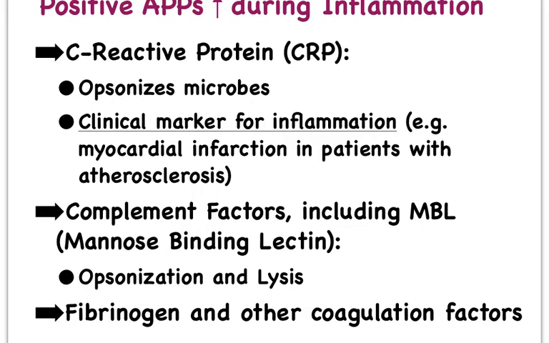Let's say that a person has had a heart attack and this person has atherosclerosis, so hardening of the arteries. This would really show up in an analysis of their blood. So C-reactive protein can also, by the way, opsonize or tag microbes so that phagocytes can find them easier and munch them up.